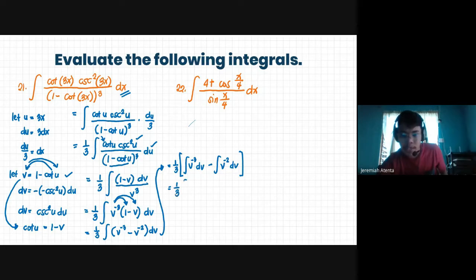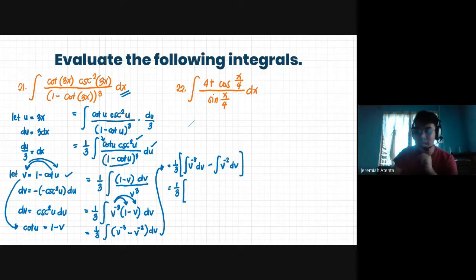This is 1/3 times the integral of v to the negative 3. What is the integral of v to the negative 3? Anyone? Kindly write it down in the comment section. What is the integral of v to the negative 3?